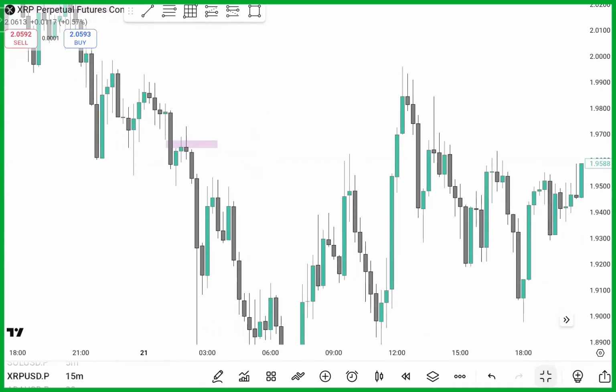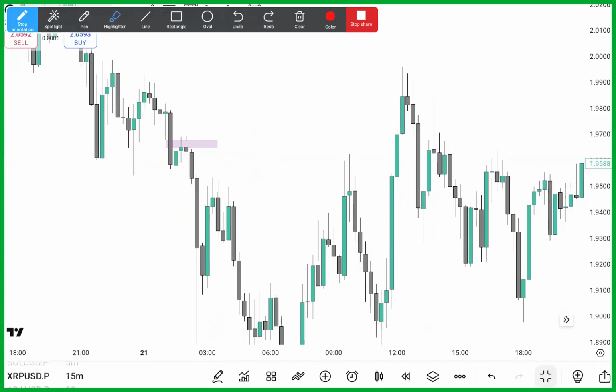Most times in these fair value gaps, the wick may always go as far as it can go, but what shows that the fair value gap is highly probable is that the body should always close below the fair value gap. It should not close outside, you get?